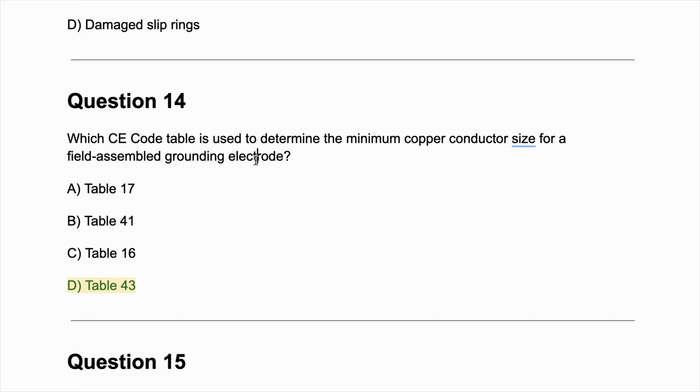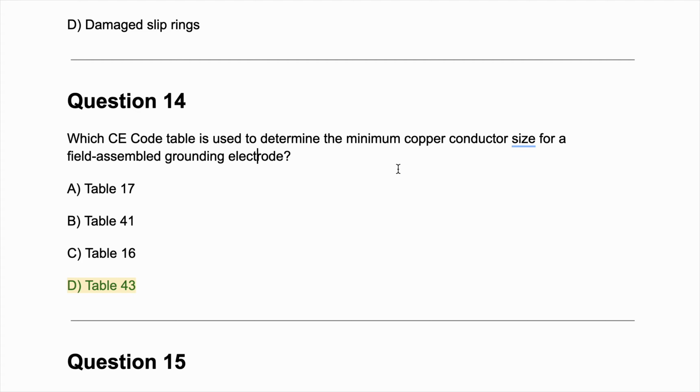You want to make an electrode in the field. You want to use a copper conductor and make a circle or spiral, and you make an electrode on the field side with it.